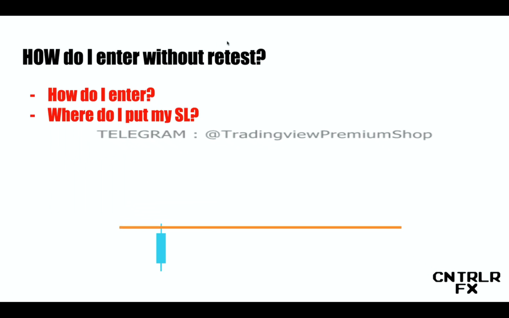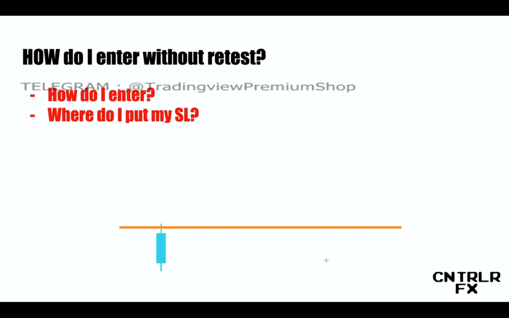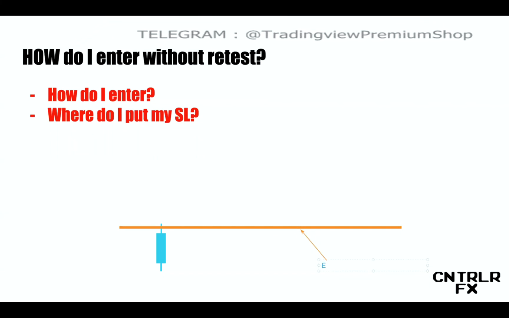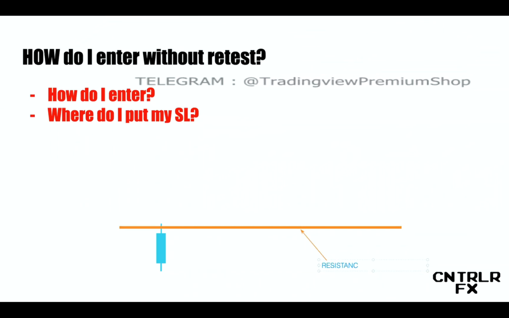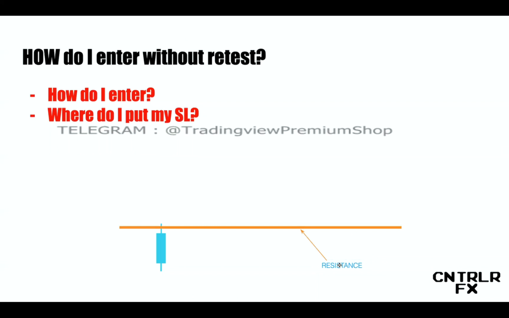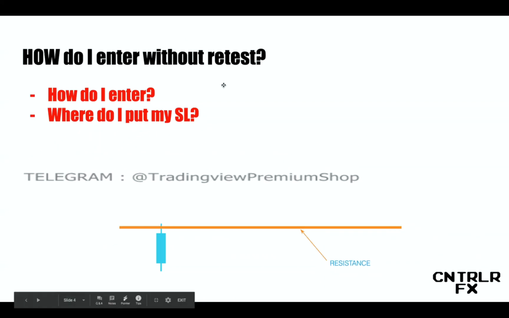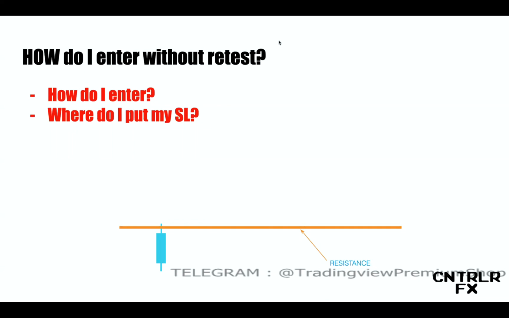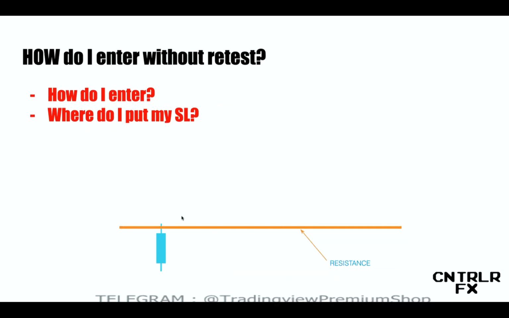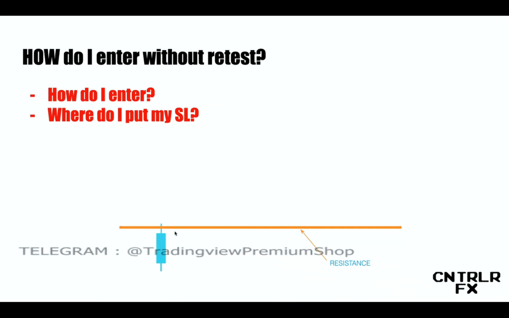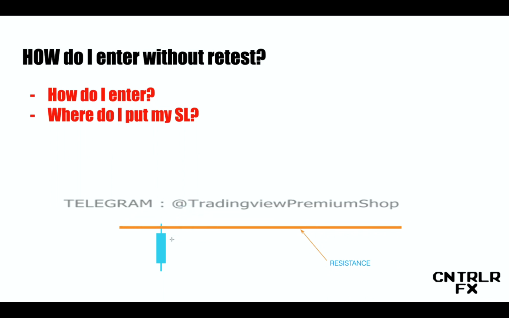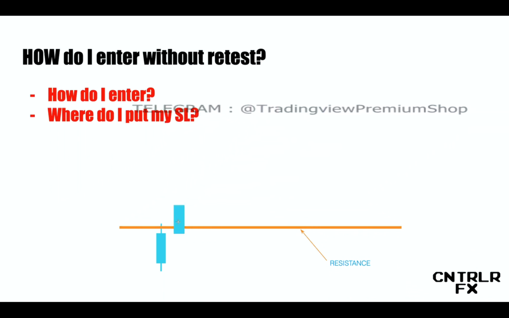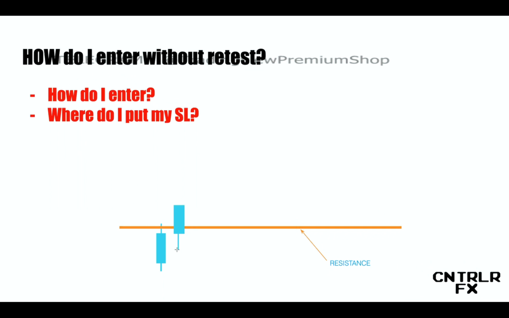This is resistance, right? And then the next candle forms, and all of a sudden we come up like this. Price comes like this, but before it does that, it makes a wick. So this is the next candle.